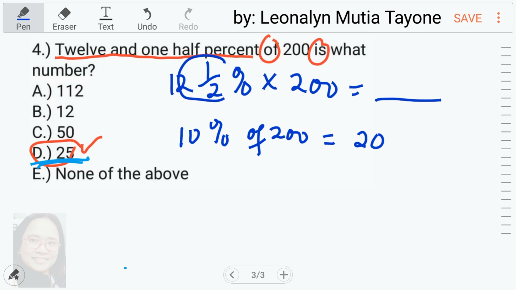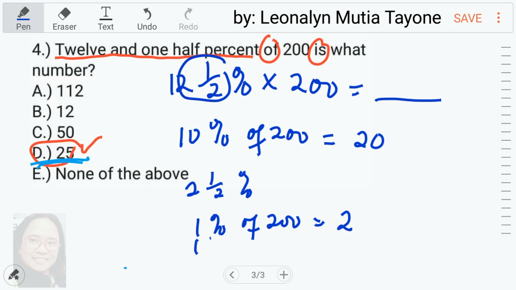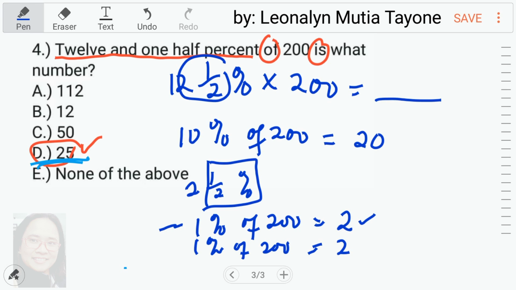So, meron ka pang natirang 2 and 1/2%. 1% of 200 is 2. Dalawang 1%, isa pang 1%. 1% of 200 is 2. When we say 1/2%, so 1/2 ng 1%, 1% of 200 ay 2. So, 1/2 nitong 2 ay 1.